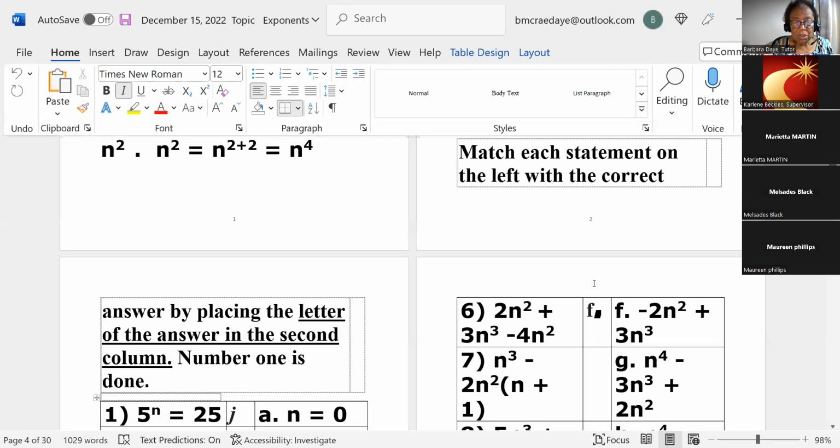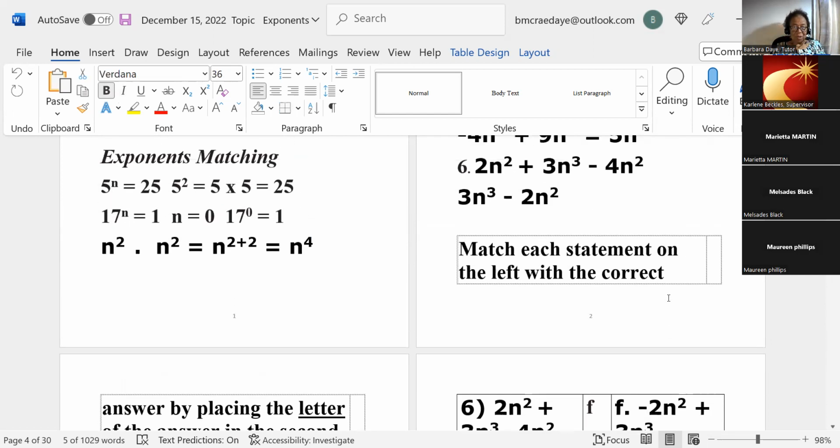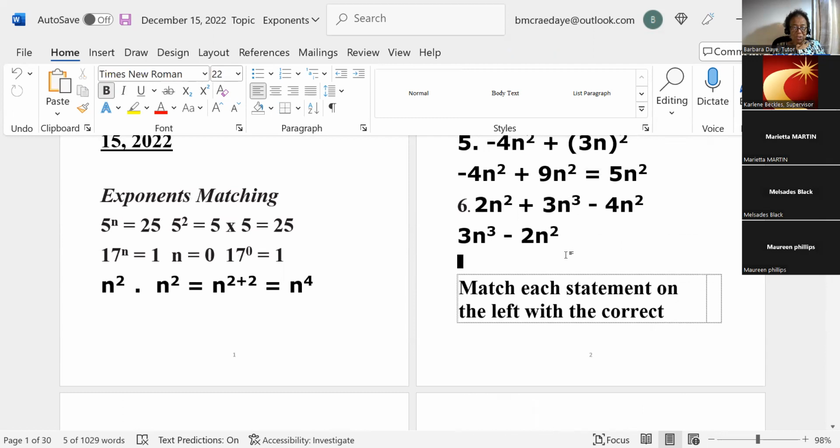Okay. Let's go to number 7. n to the third minus 2n to the second multiplied by n plus 1. So let's just take this number 7 and I want you to multiply. Okay, so let me put this here.